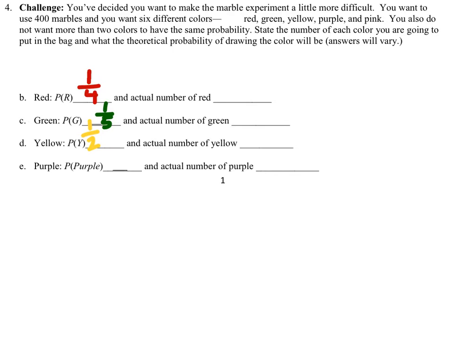Well, if there's 400 marbles, then half of it would be 200. And if 1 out of 5 marbles are green, then you would have 80 green marbles. And if a fourth of them are red, then you would have 100.